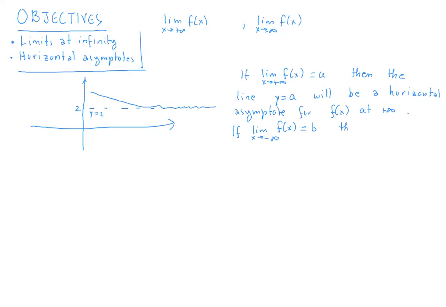Then the line y equals b will be called a horizontal asymptote for f of x, or the graph of f of x, at negative infinity.